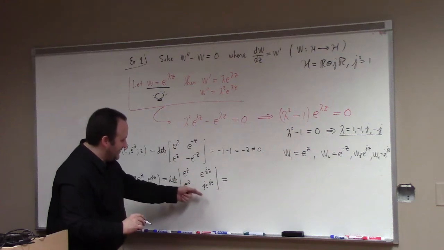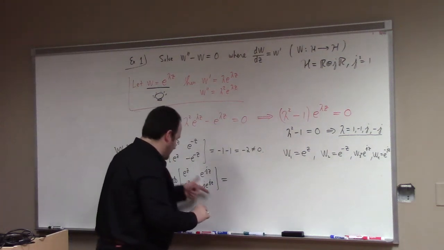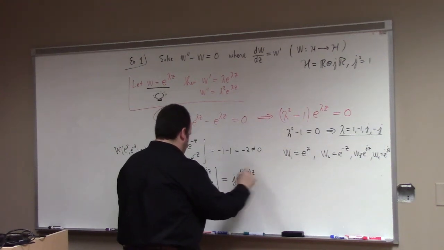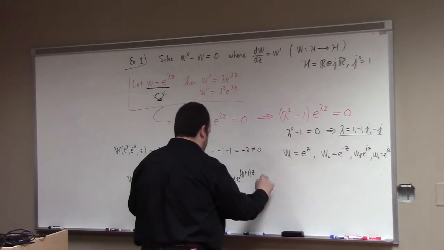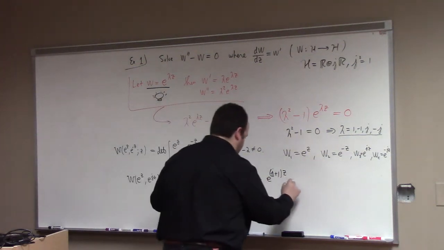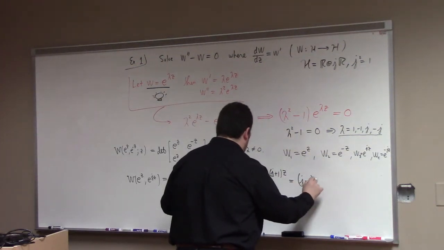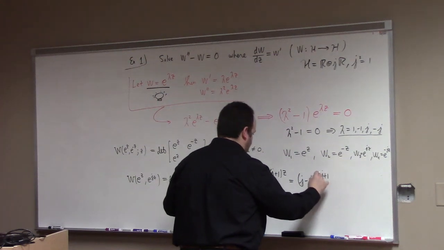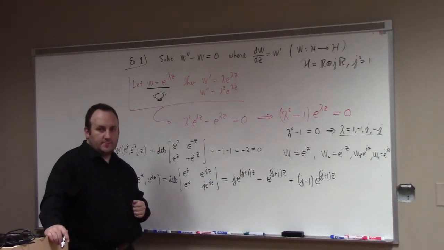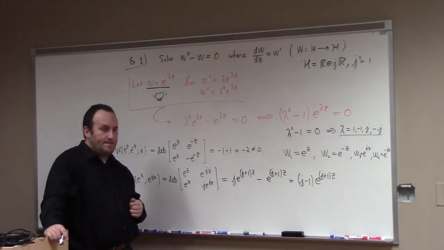So what's this one work out to? j e to the j plus 1 z minus e to the j plus 1 z, right? That is j minus 1 e to the j plus 1 z. Which, by the way, simplifies. So think about the exponential.